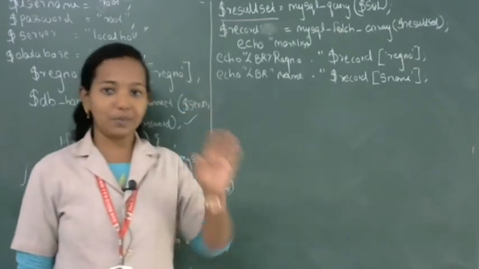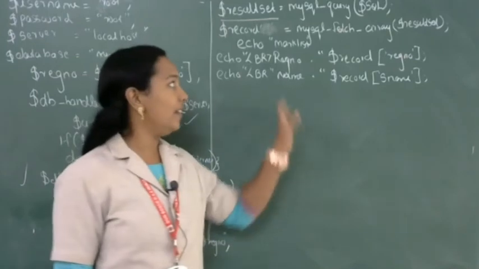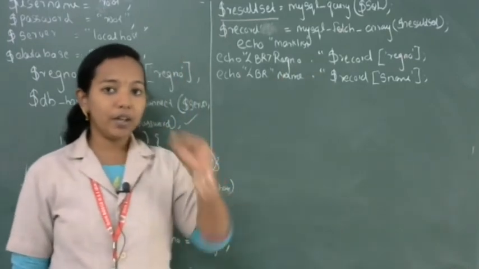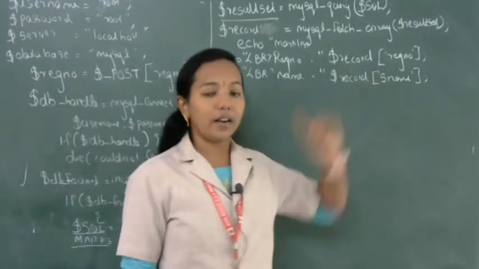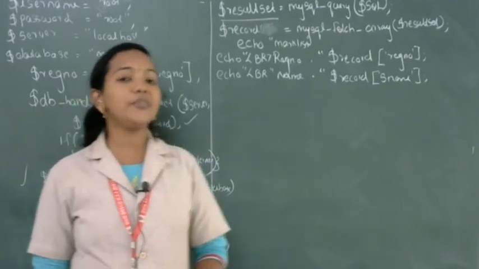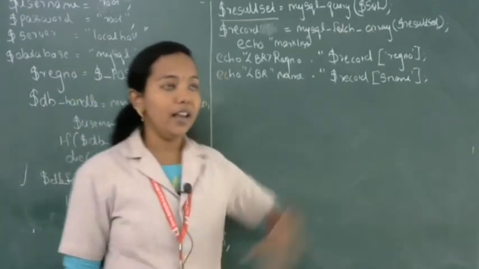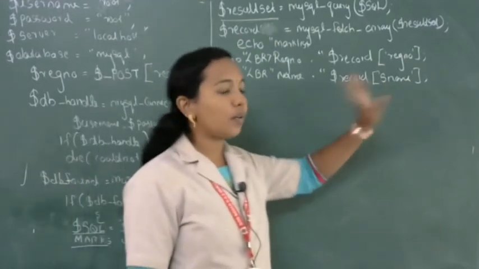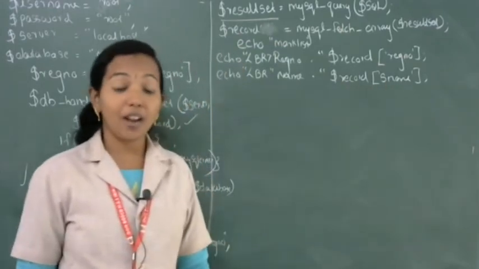Then please look at the echo command. Echo BR means we are breaking the line. Then register number dot $record. What does that $record indicate? $record means after executing mysql_fetch_array, the rows will be available in $record. From that $record, what are we extracting? $SNAME.